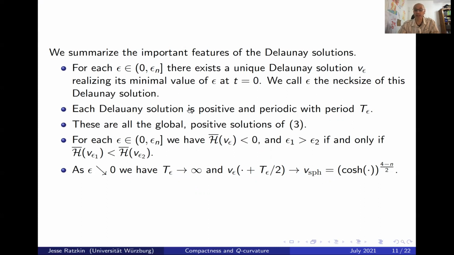Each of these Delaunay solutions is a positive periodic function. And this is the complete list of all of my two-ended solutions. These are all of the solutions to my original PDE on all of R cross S^(n-1), equivalently on all of R^n minus the origin.